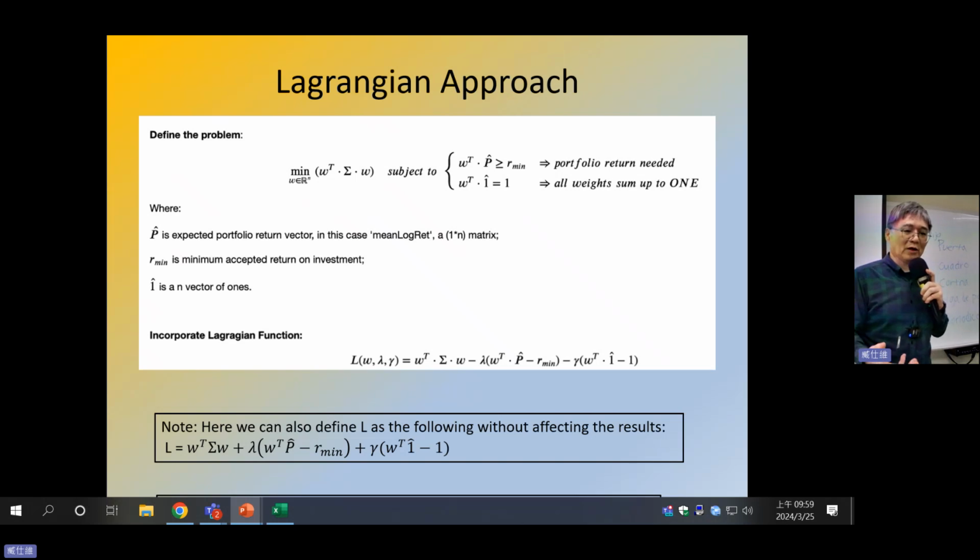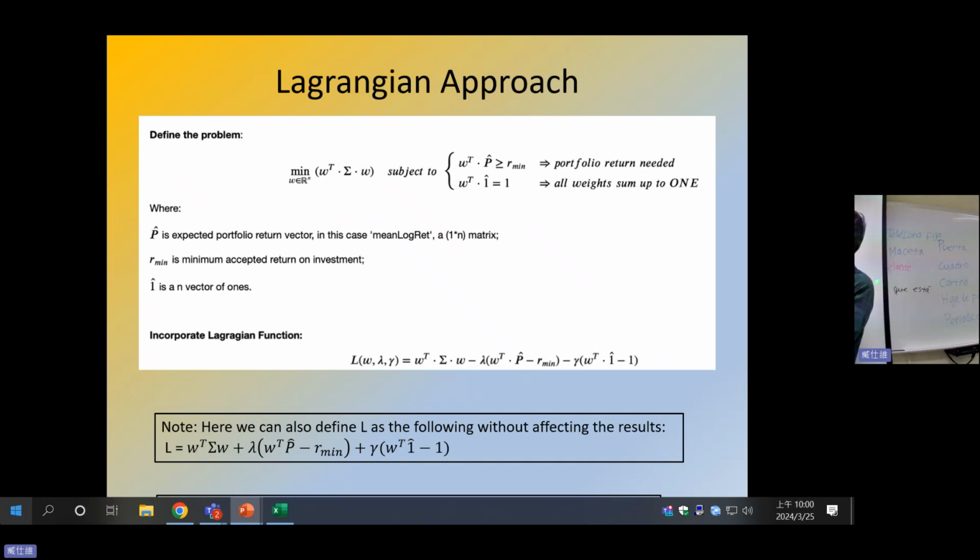In these slides, we also generate the Lagrangian function. But maybe you have noticed that the Lagrangian function uses negative lambda for the first constraint, or first condition, and uses gamma.